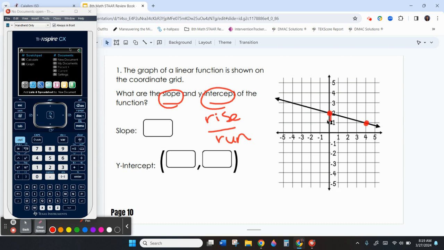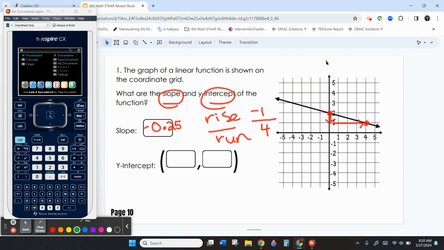So rise, it's going down 1, which means -1, and then it went to the right 4 spaces, so that's +4. So my slope is -1/4, which is -0.25.